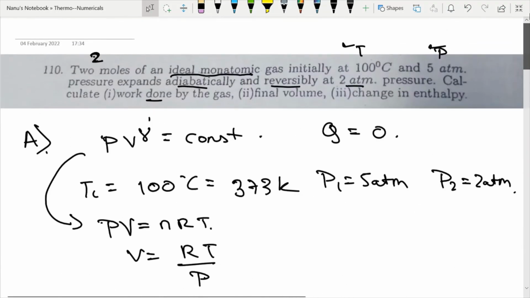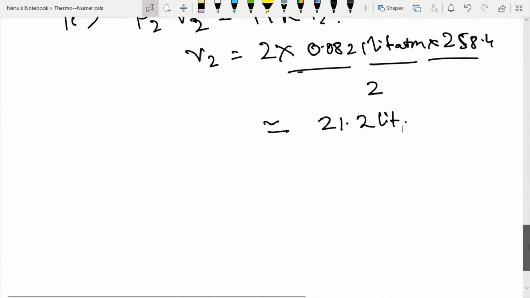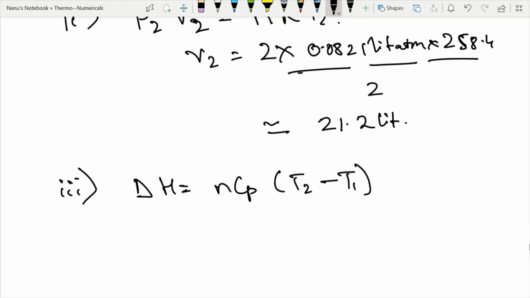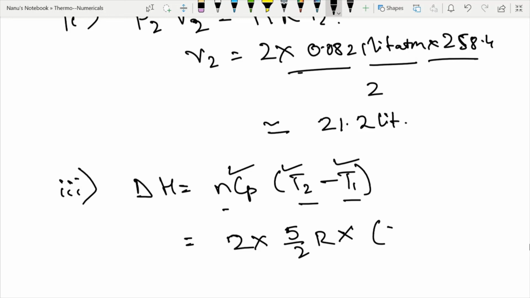The final question we have is the change in enthalpy. Very easy again. Del H equals n Cp (T2 minus T1). We have all the things: we know T2, we know T1. Cp we know from the ideal gas, it is 5 by 2 R, and we found N is 2.